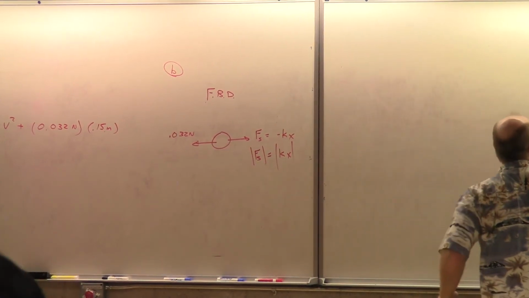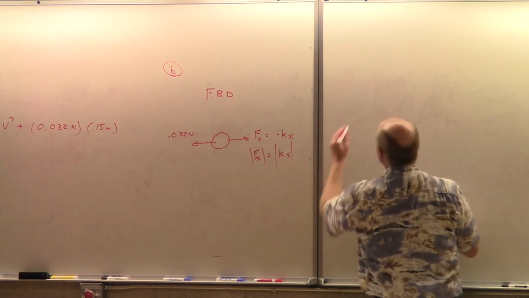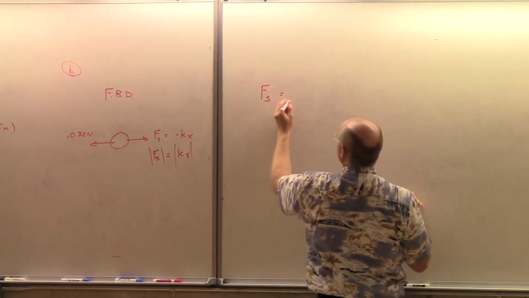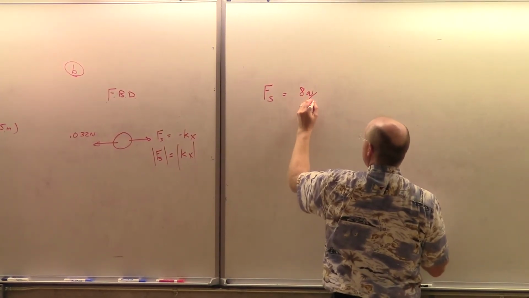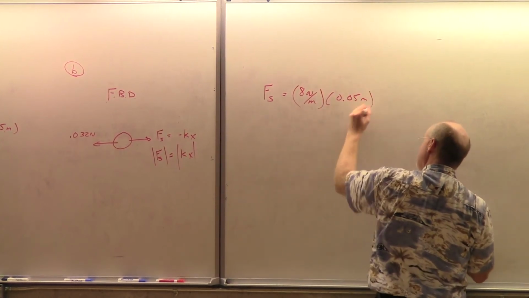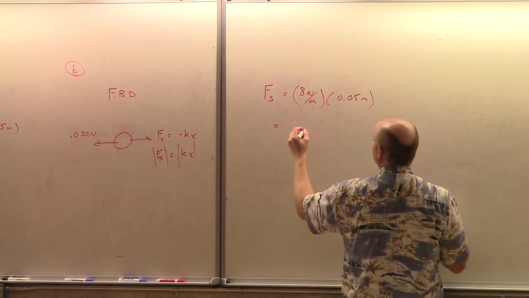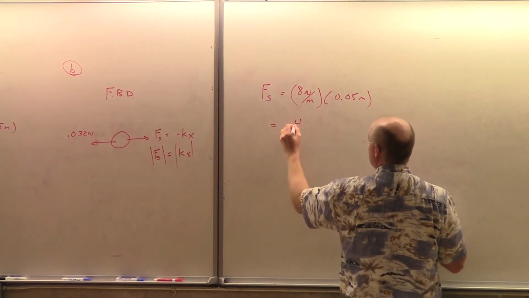Now, let's start at the very beginning. At the very beginning, that spring is pushed back 5 centimeters. So if I were to calculate the force from the spring, which is 8 newtons per meter times 0.05 meters, 0.40 with 2 decimal places, is that right?